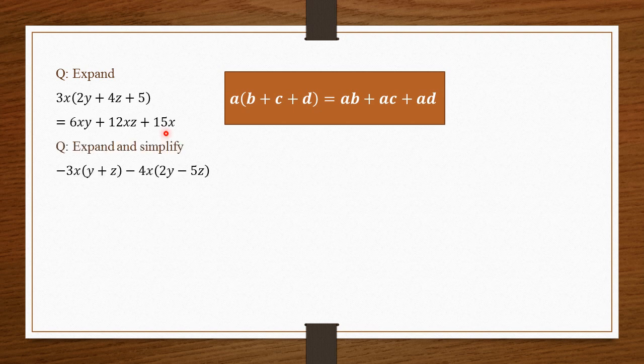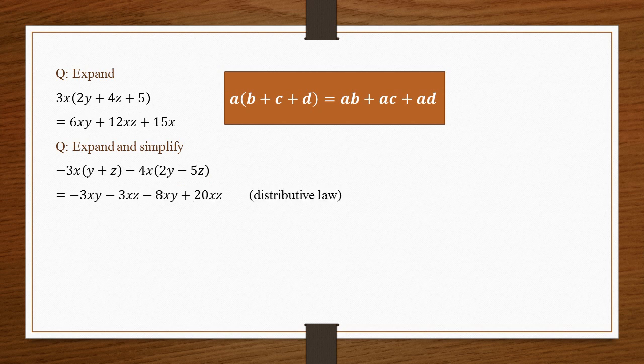Now the next example is minus 3x into y plus z minus 4x into 2y minus 5z. As you note down this term and this term, you can see that you can apply the distributive law. Here you have to apply two distributive laws: one on 3x into y plus z, and the second one on 4x into 2y minus 5z.